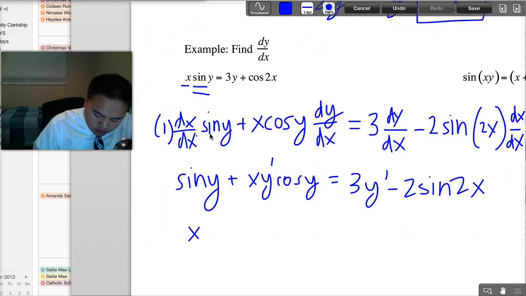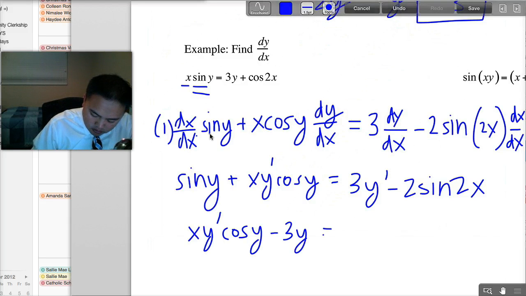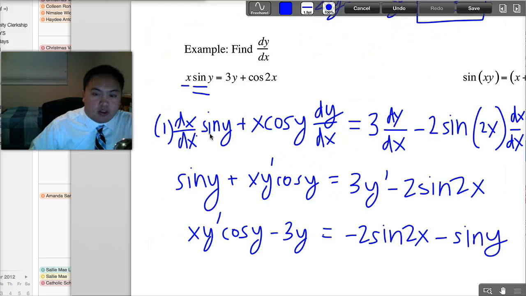The new equation looks like this. So all I did was subtract sine y, that's why it's now over here with a minus, and I subtracted 3y prime, which is now here, also with a minus.